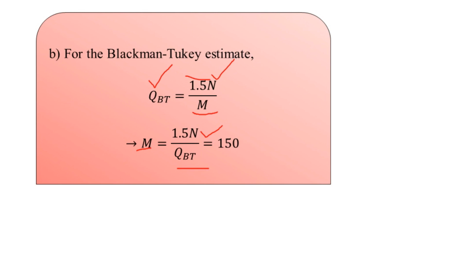Upon substitution of N is equal to 1000, which will be multiplied by 1.5, it will be 1500 here, and it will be divided by the substitution of this value, here it is 10. So the ratio results in 150 as the answer. So 150, the record length for the Blackman-Tukey method we have obtained.